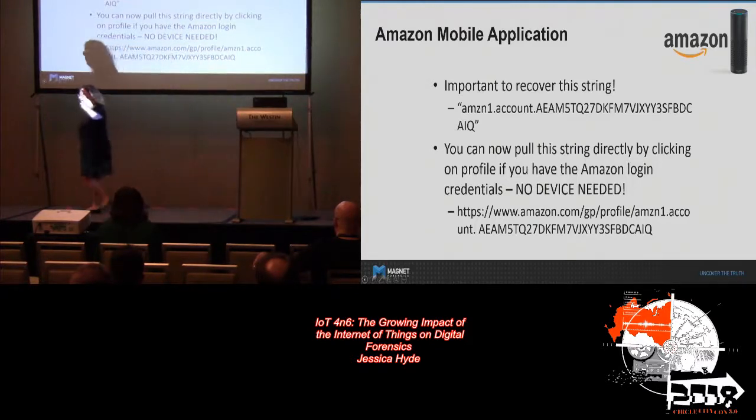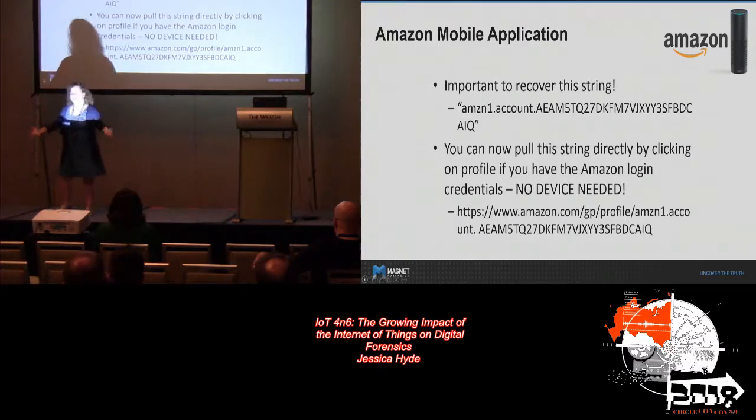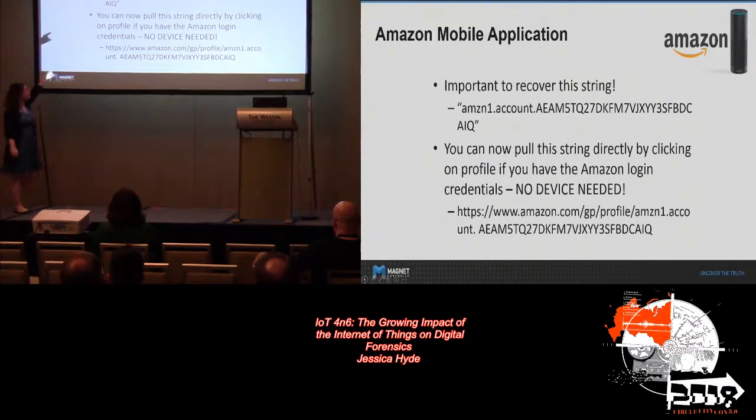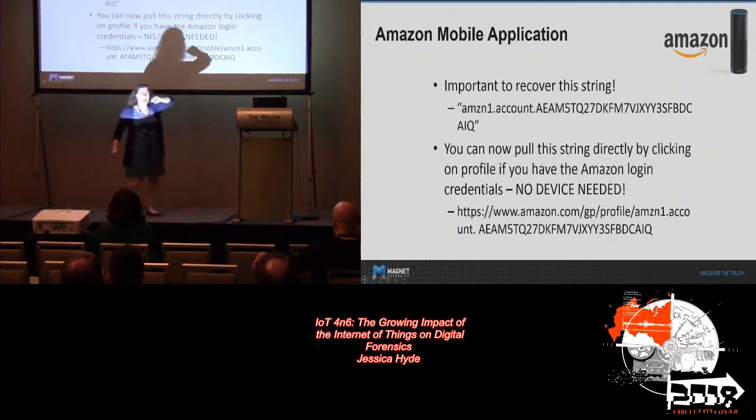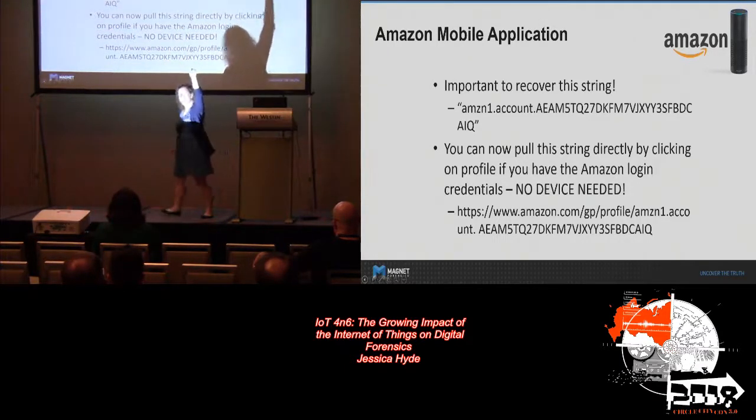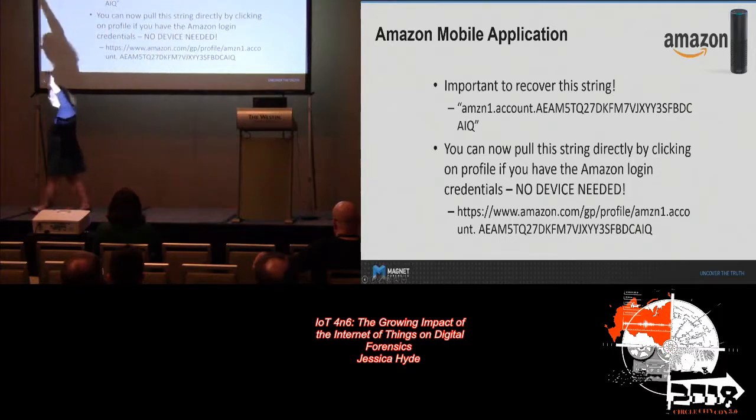But wait, there's more. Amazon just added a new feature recently. Guys, this is an update I just put in the slides. You can now pull this string directly without ever having access to the device or the attached phone. All you need to do is log into anyone's Amazon account, your own included, go to Profiles, and go ahead and search.